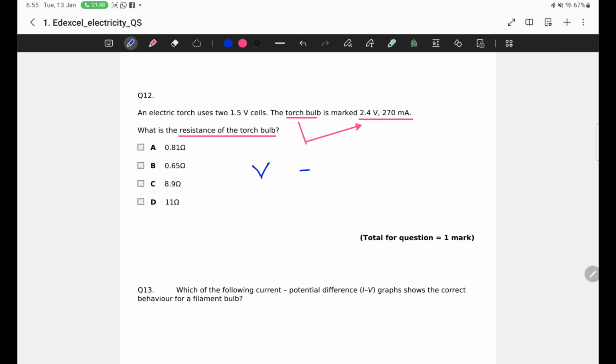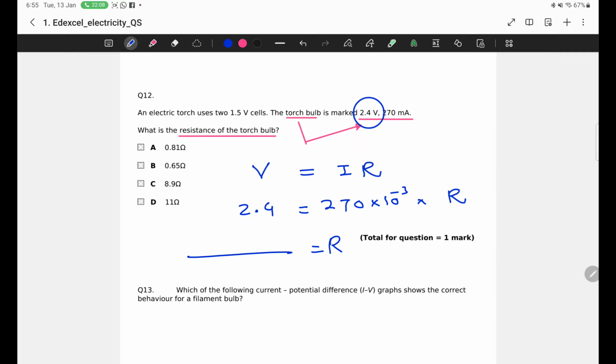So V equals IR. We are given a specification from the company: voltage is 2.4, the current is 270 milliampere, and then you can calculate resistance. I am asking you to calculate this because in this question you are given two different values of volts, so it may confuse you.